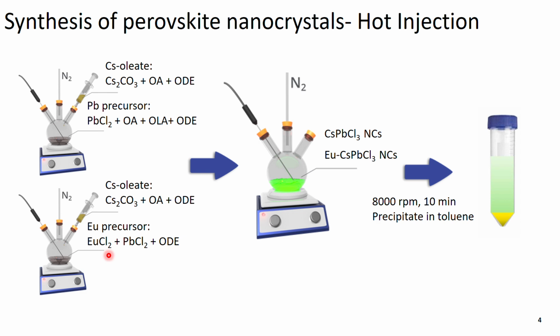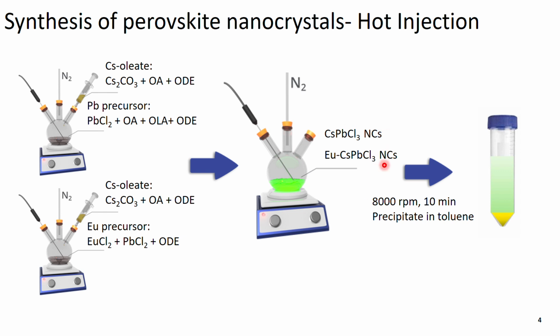to make the europium-doped perovskite nanocrystal. So we inject these two in the flask at high temperature and then stir for 30 seconds, then go to the reactor cooling.